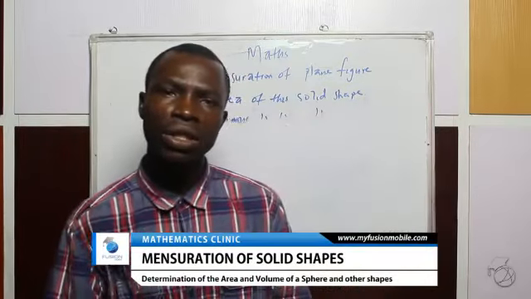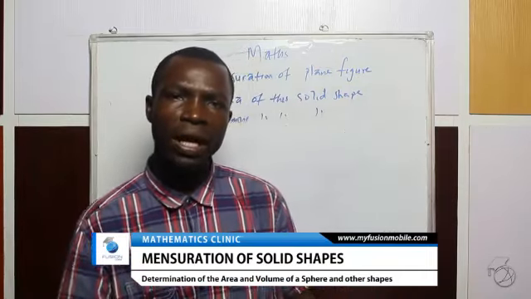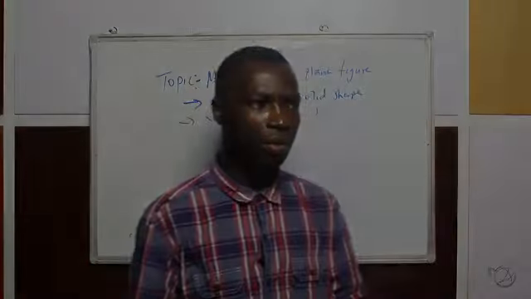Before I proceed, I'm convinced that you understood the difference between total surface area and curved surface area, between sphere and hemisphere. I would like you to do these few evaluations so as to know how far we have gone.